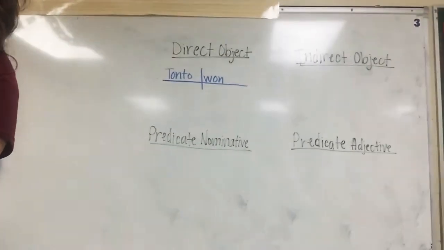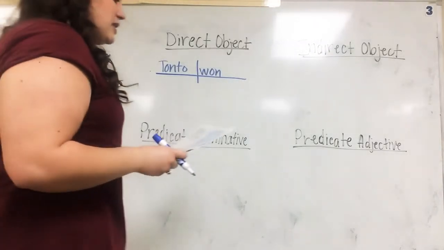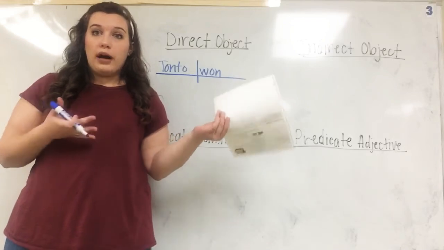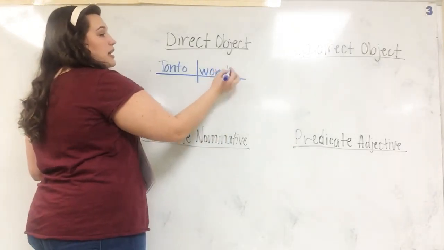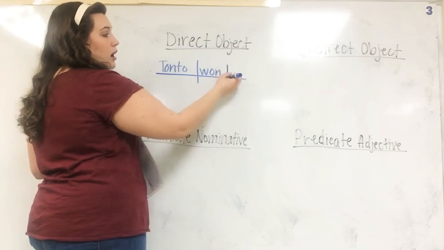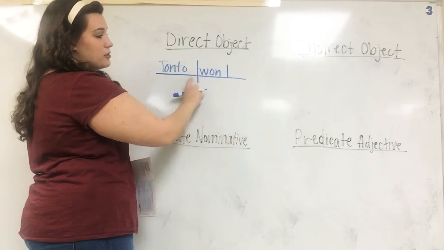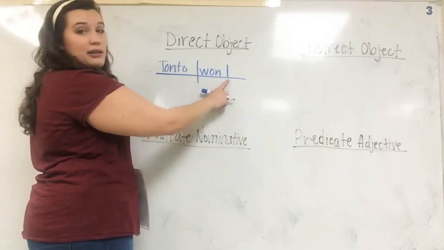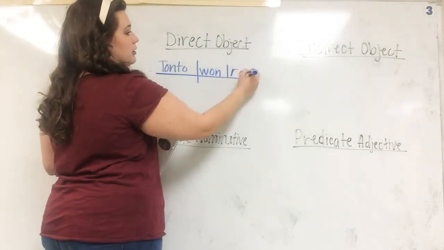I'm just going to zoom that in just a tiny bit for you. Okay, now our direct object is what? It is race because Tonto won what? The race is our direct object. So all you do is you do kind of like a mini line here on the horizontal line where the predicate is, right after the predicate. It doesn't drop down like this line. It just stops right at the line there. And you write your direct object after.